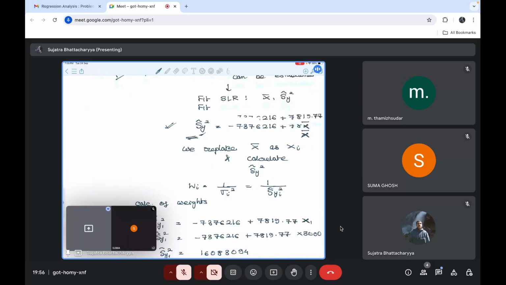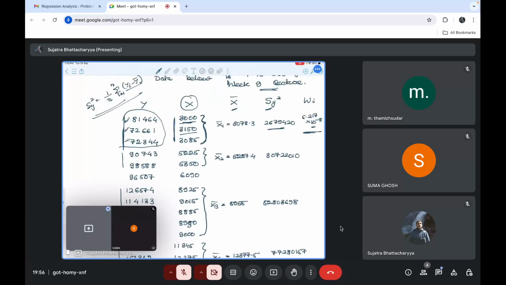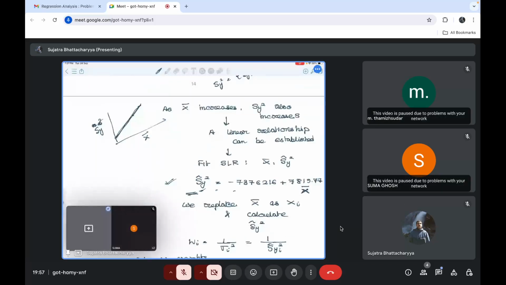So we have seen that when you have given data, you have to take a cluster, so 3 or 2, whatever you want. Based on that, you calculate X bar of those clusters and sample variance of these clusters. So the values will come and you will just fit it between X bar and sy square, right? And based on the fit, you get a fitted model like this.